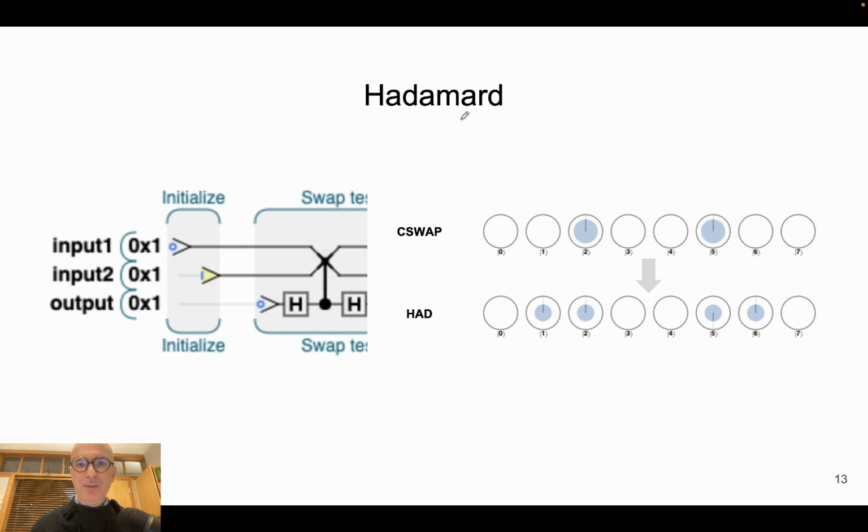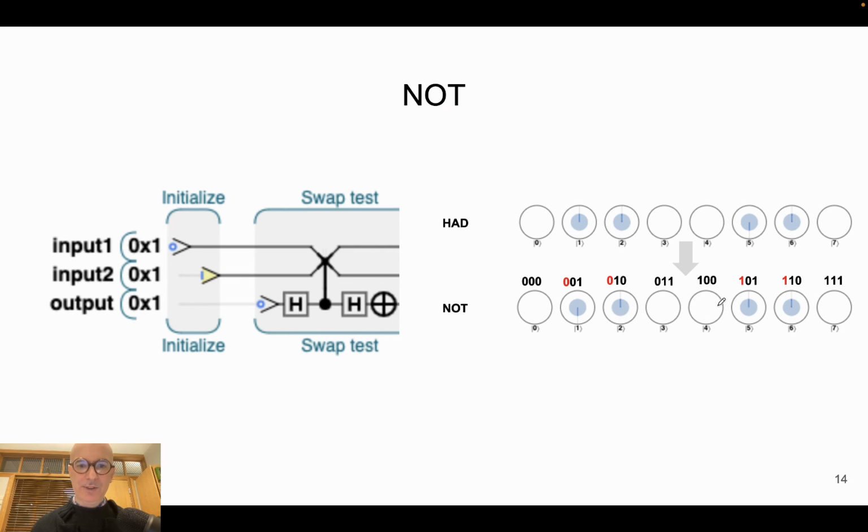Then finally we apply another Hadamard gate to the output qubit, and we see that we have this superposition of states 1, 2, 5 and 6.